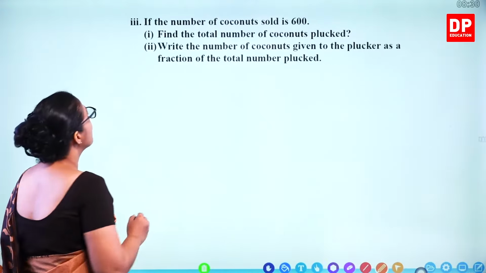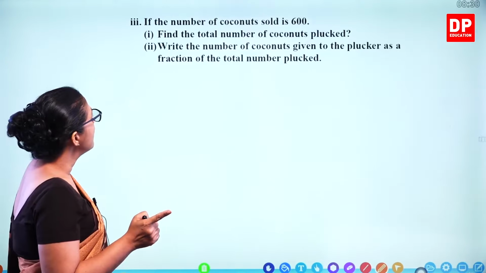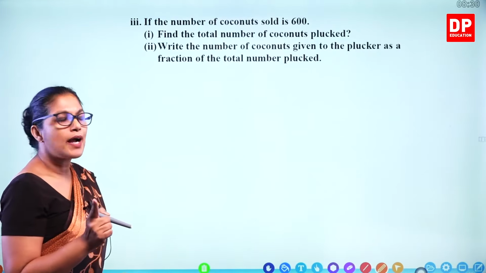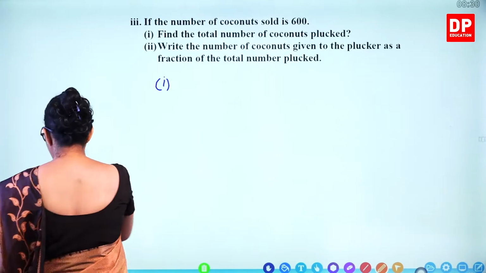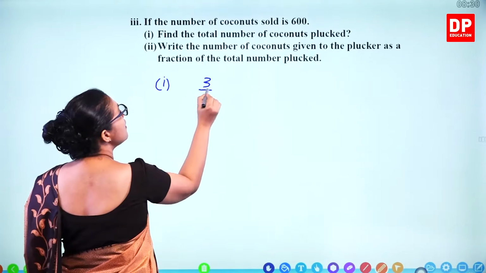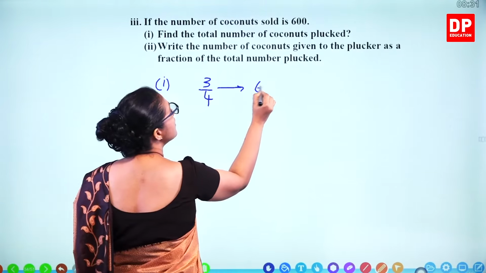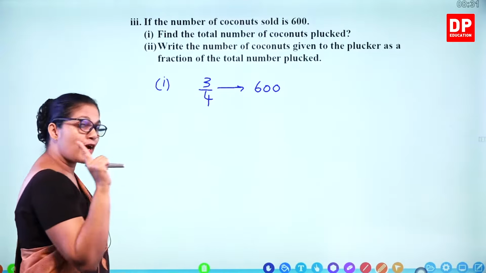Now the next part. If the number of coconuts sold is 600, find the total number of coconuts plucked. So, 3/4 is 600. So what is the full amount? First, you have to find out one part.